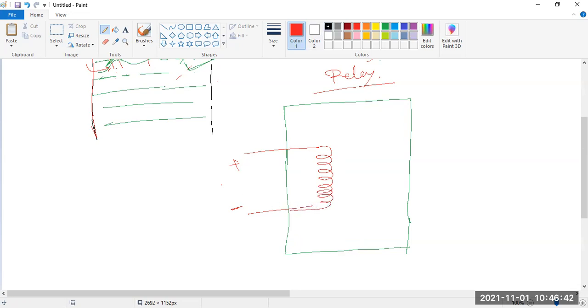Here is a coil. Within this coil there is a plunger. Here some spring material is there, maybe here, maybe here also, and here a lever formation is there.